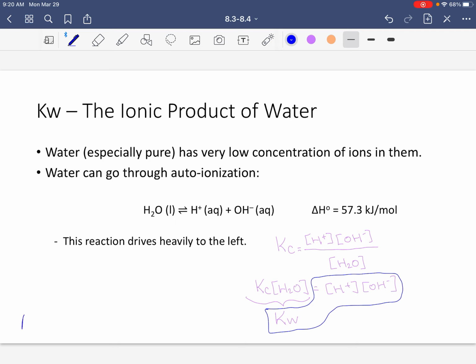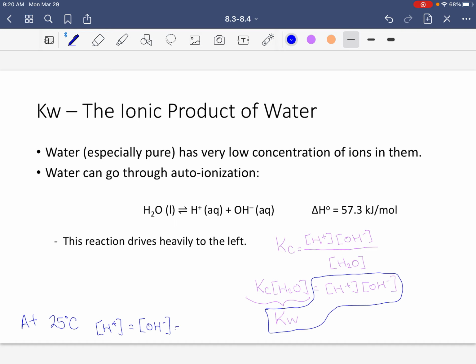At 25 degrees Celsius, so SATP, the concentration of H+ equals the concentration of OH-. They're always going to be equal, it doesn't take 25 degrees Celsius.